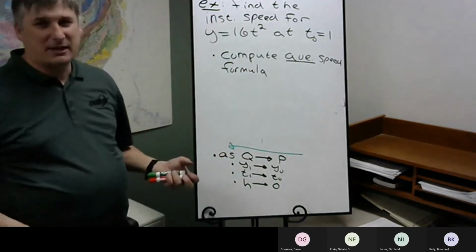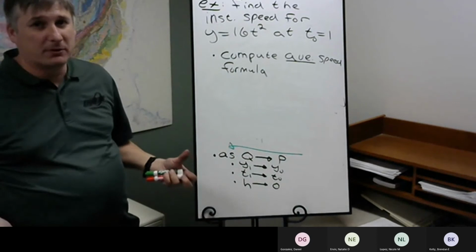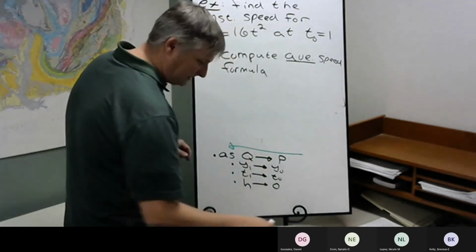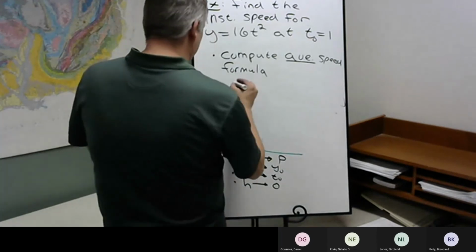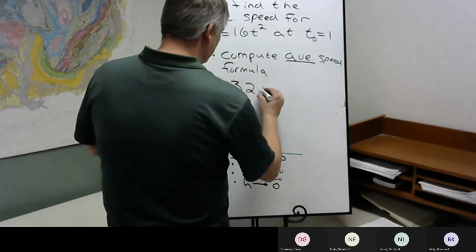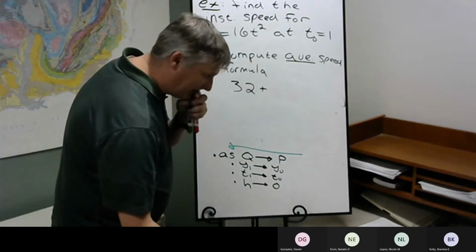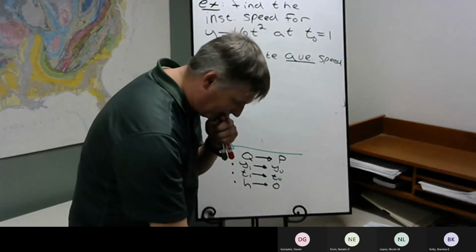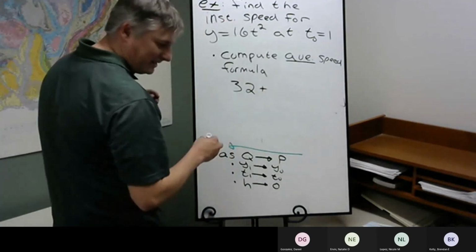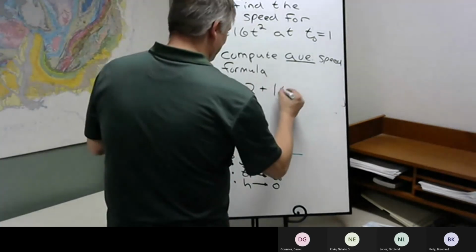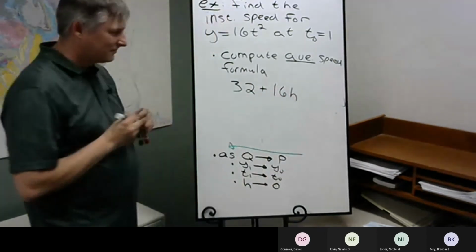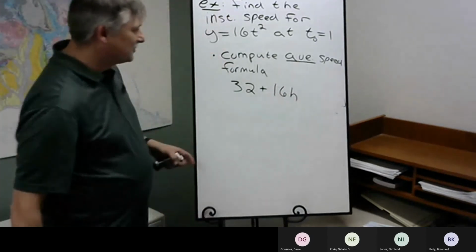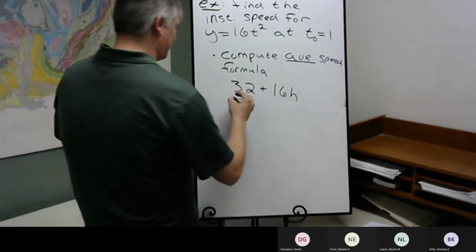To find the instantaneous speed, we're going to compute the average speed formula first. And we found out what that was. Remember, it was 32 plus 16h. So this was from before.